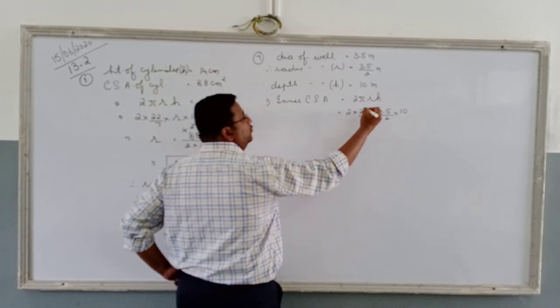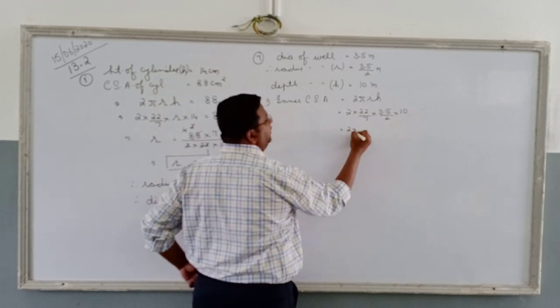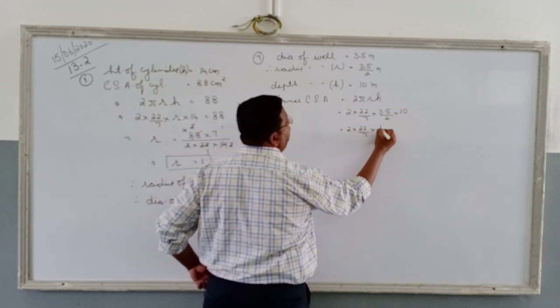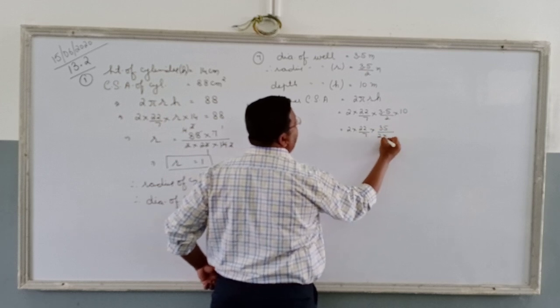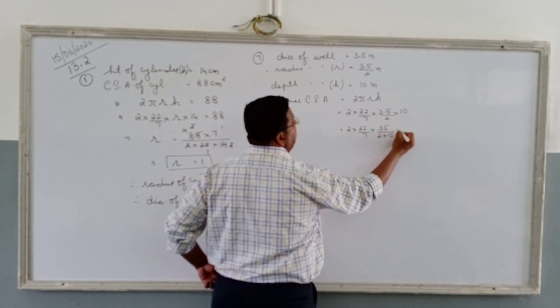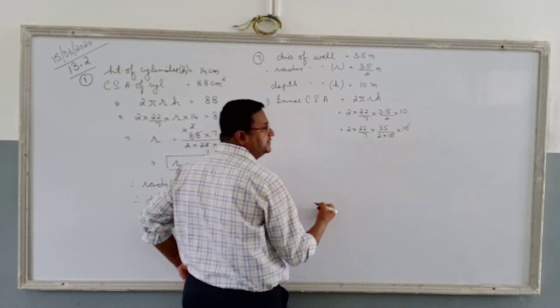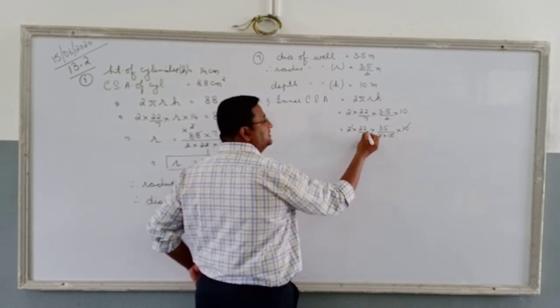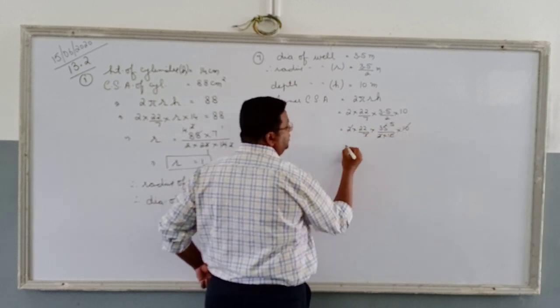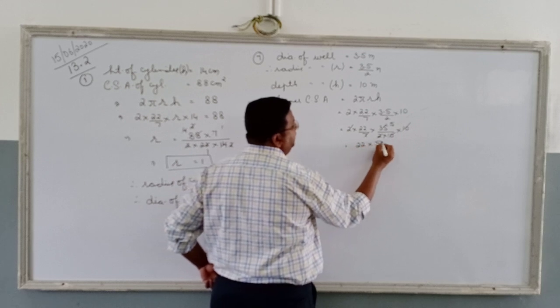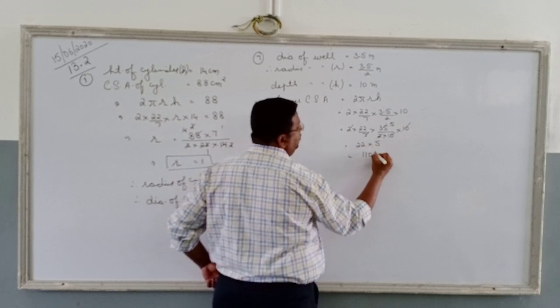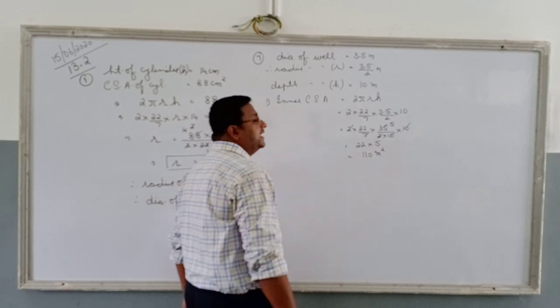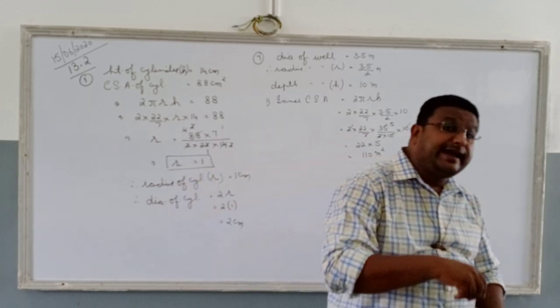Remove the decimal place. 2 into 22 by 7 into 35 upon 2 into 10, we have removed the decimal place, into 10. 10 and 10 cancel. 2 and 2 cancel. 7 ones are 7, 5 sevens are 35. So we get 22 into 5. That is 110 meter square. That is the inner curved surface area.